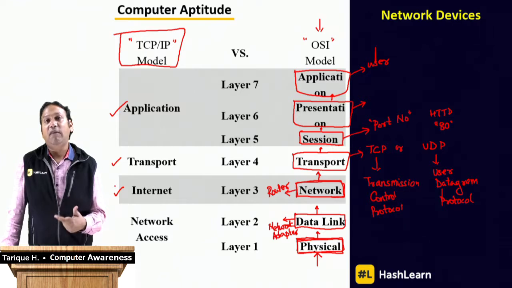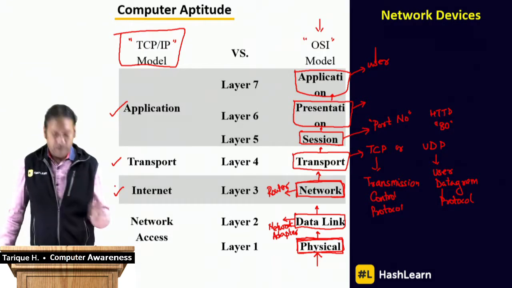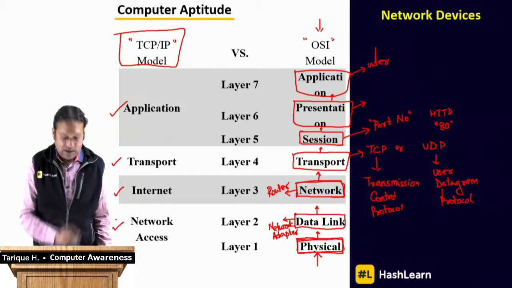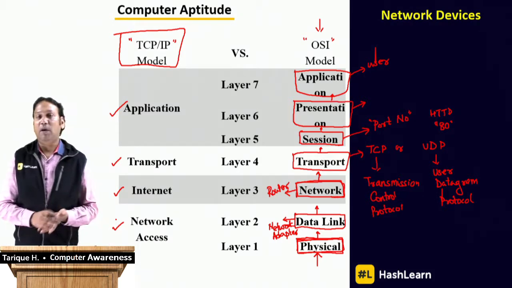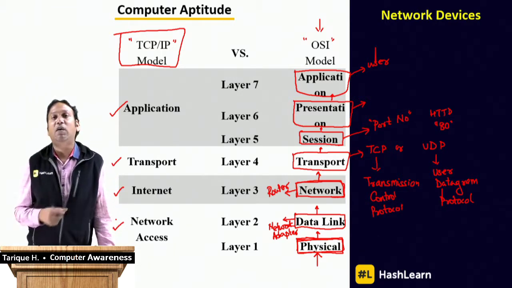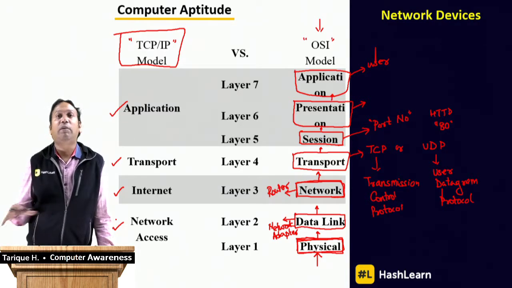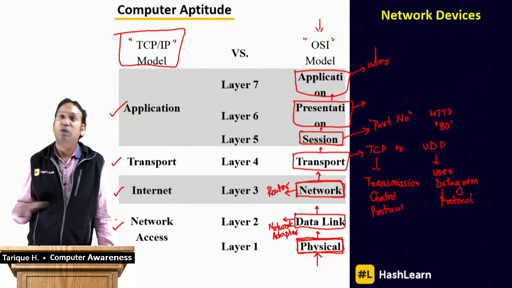The data link and physical layers of the OSI model are combined and called the network access layer of the TCP/IP model. Now this part of the discussion today is something a little difficult, or completely unfamiliar, for students who have not studied computer science after their school level.